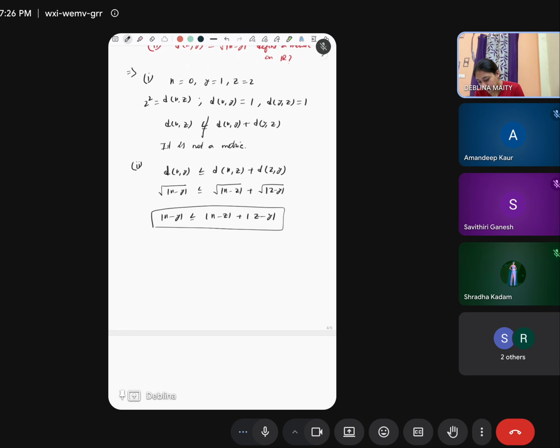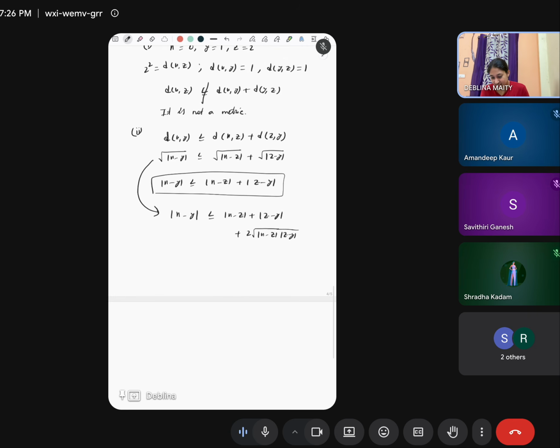Here if we do the squares, then it will be... I don't know if this is correct.